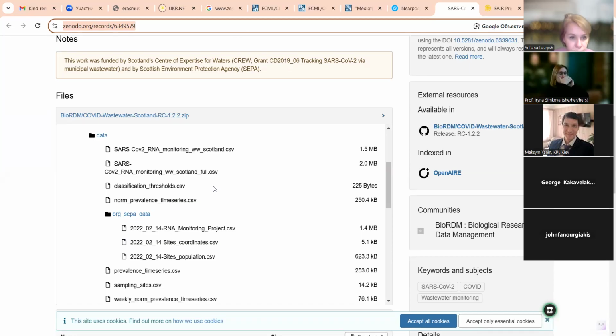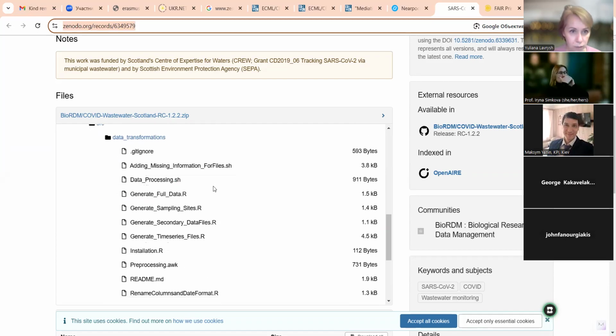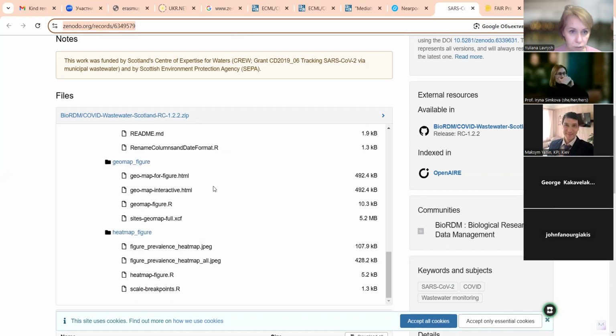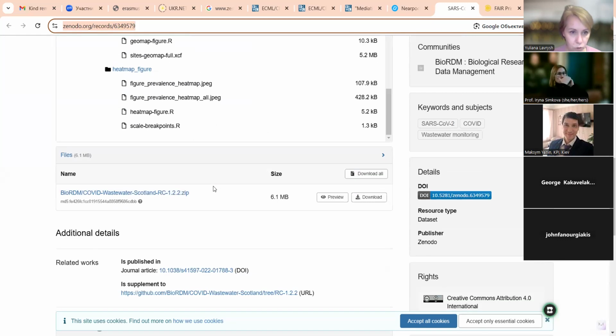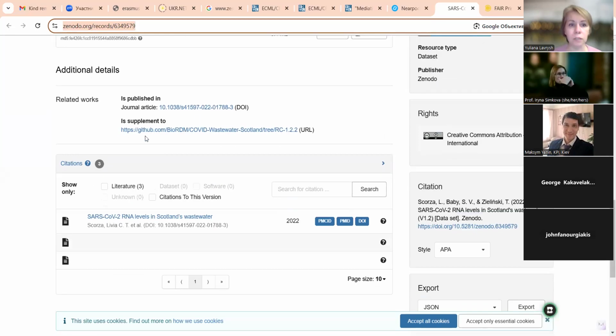And here also what proves it is the special repository where it is. I just wanted to show you. Yeah, it is supplemented to this GitHub. This is a kind of open science resource.